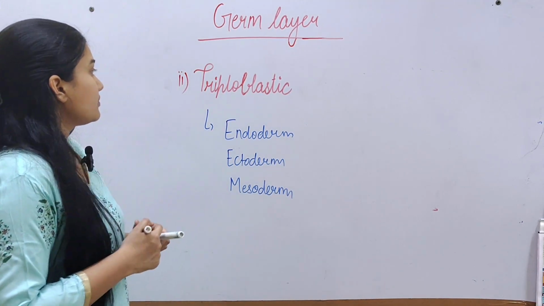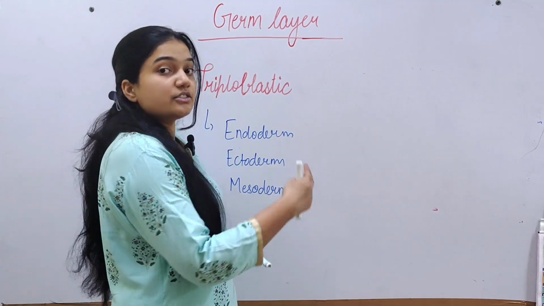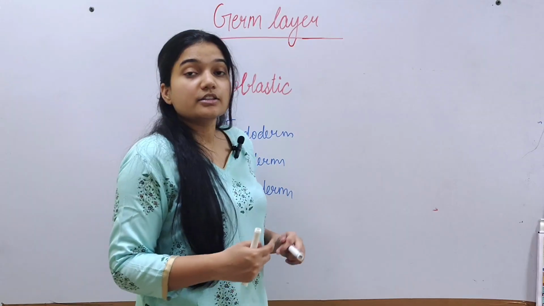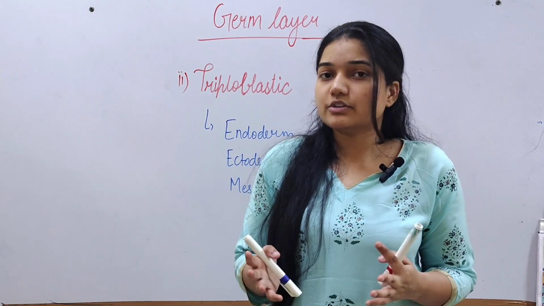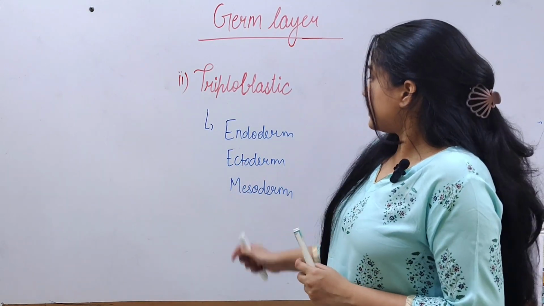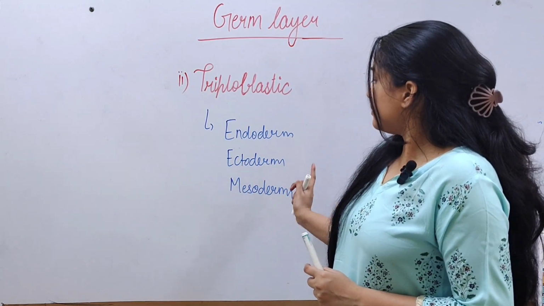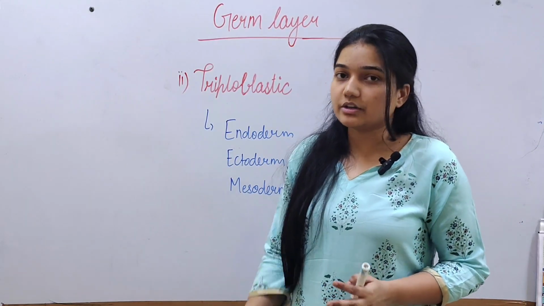These three layers are found in the triploblastic animal, and these three of them make the body and all the body parts of the animal.